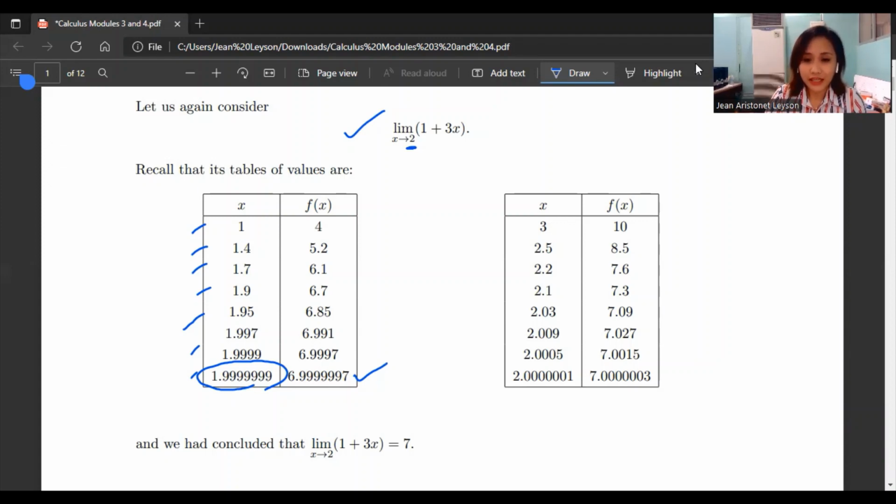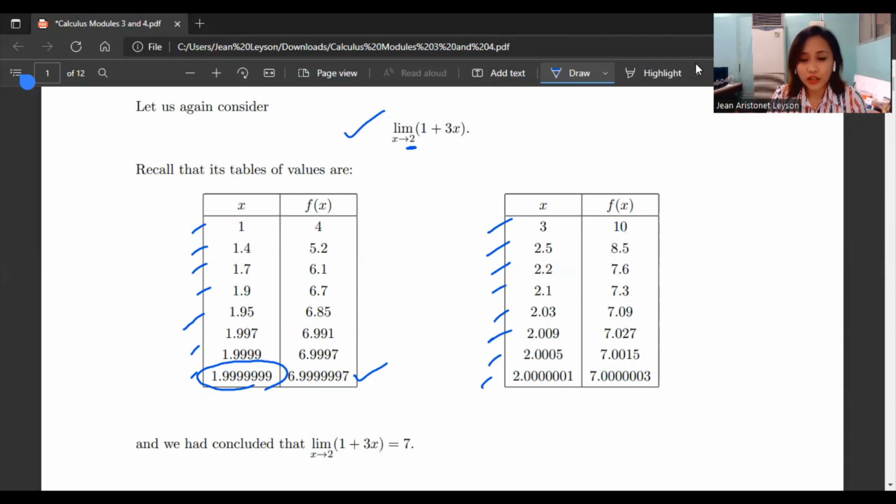From the right side of 2, we have the values 3, 2.5, 2.2, 2.1, 2.09, 2.03, 2.005, and 2.00001, which again is very, very close to 2, but not exactly 2.